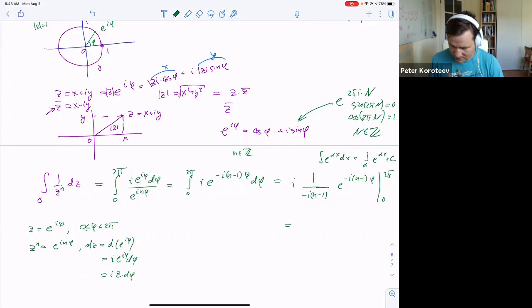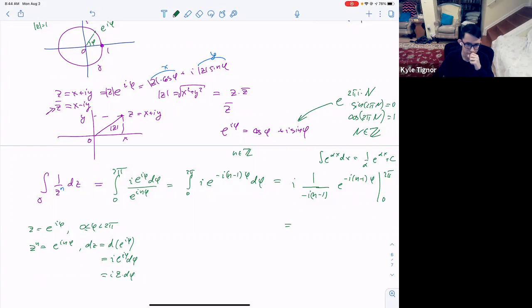Okay, so given that fact, what is the answer? So we need to remember, we need to substitute 2 pi and then substitute 0 and subtract one from the other. Well, the answer is just 0 because 2 pi and 0 are always the same angle when multiplied by an integer n. So okay, good.